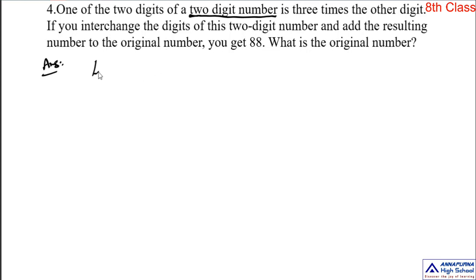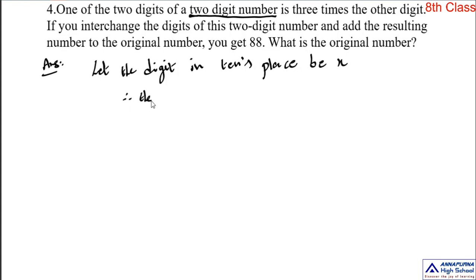Here I have taken the digit in tens place as x. Let the digit in tens place be x. Okay, so if the digit in tens place be x, then what is the digit in ones place? Therefore the digit in ones place is equal to 3x.